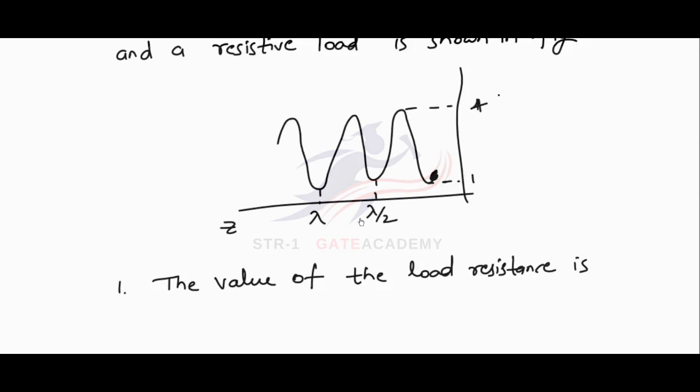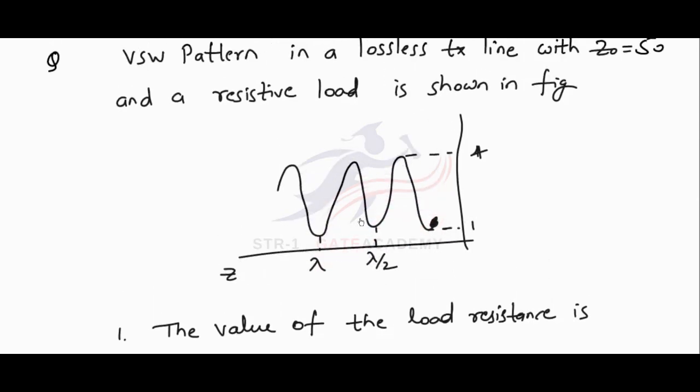In the problem itself it is given that the load connected is a resistive load, and the characteristic impedance is also given. When a resistive load is connected, it is either Rmax or Rmin. This is for sure. Now we have to decide whether it is Rmax or Rmin.